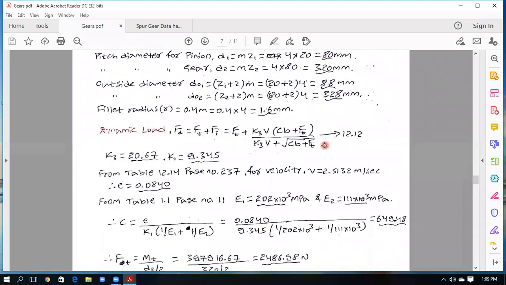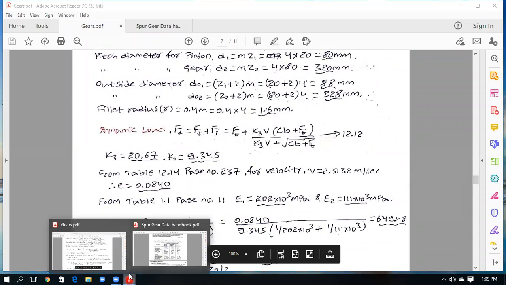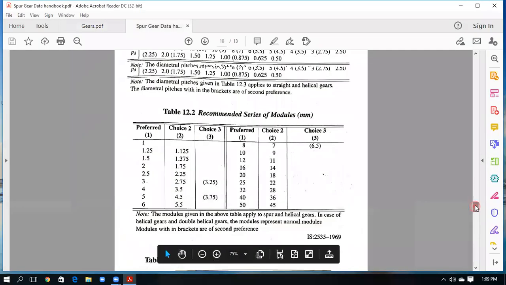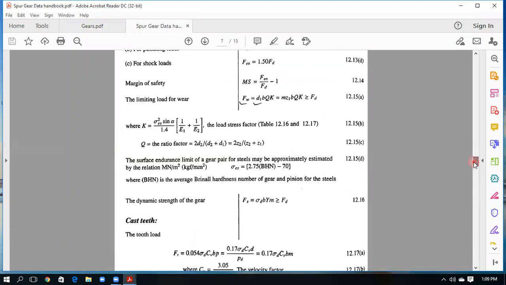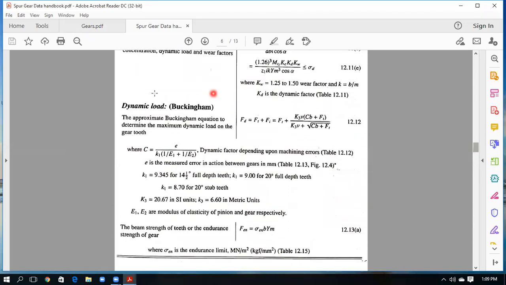The next one is the dynamic load. That is there in your data handbook, equation 12.12. Here you can see that the dynamic load is FD.